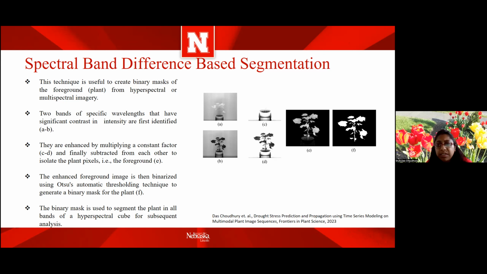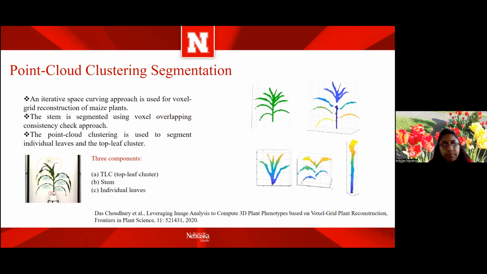Now, these binary masks have been used to isolate the plant pixels from all bands of the hyperspectral imagery. And this is also published in our previously published paper. And this spectral band difference-based segmentation is a useful technique for hyperspectral or multispectral imagery.